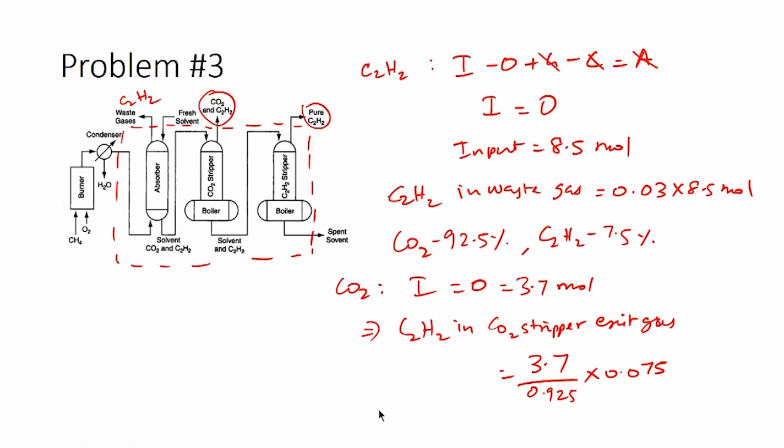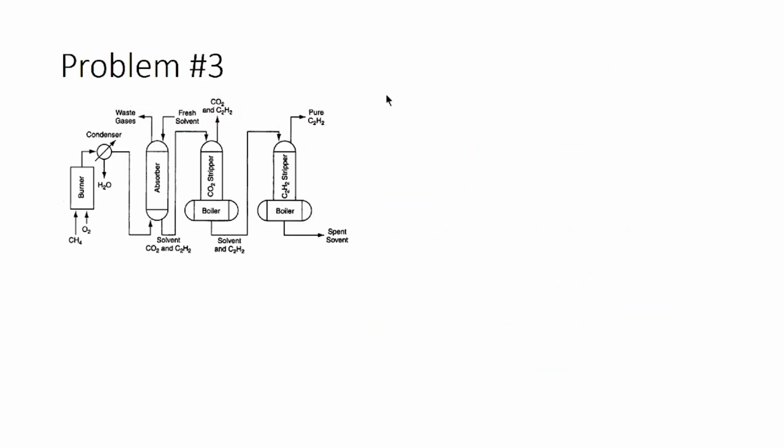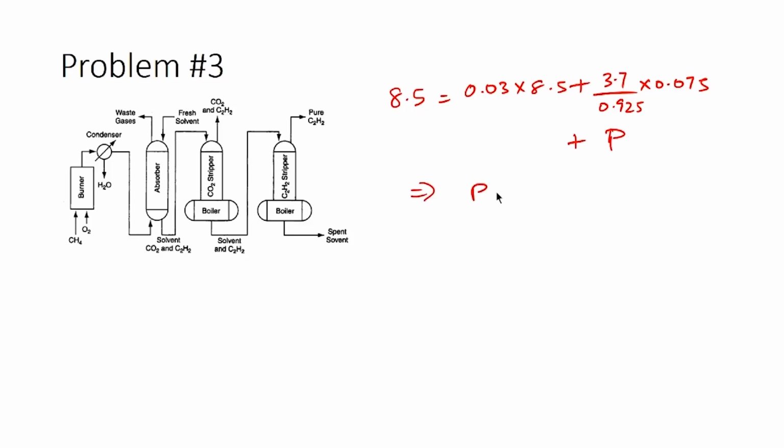The third exit stream is what we are interested in, which we can calculate using the material balance. So, let us write the material balance. We have 8.5 equals 0.03 times 8.5 plus 3.7 divided by 0.925 times 0.075 plus the pure C2H2, which I will call P, and using this we can calculate P as 7.945 moles.